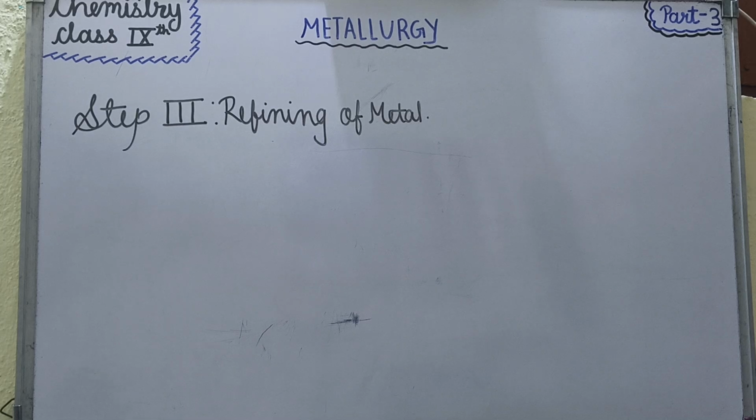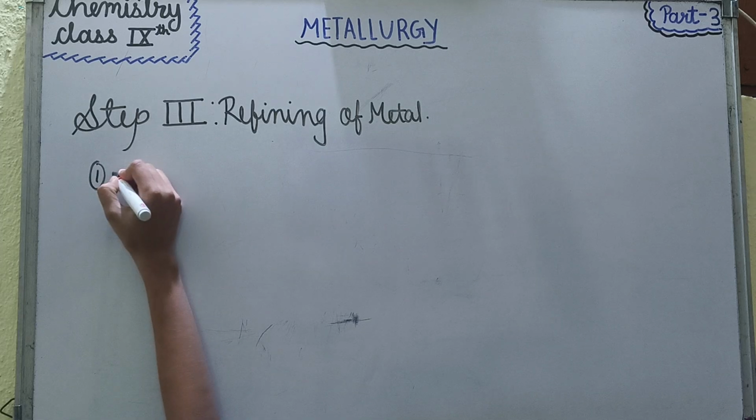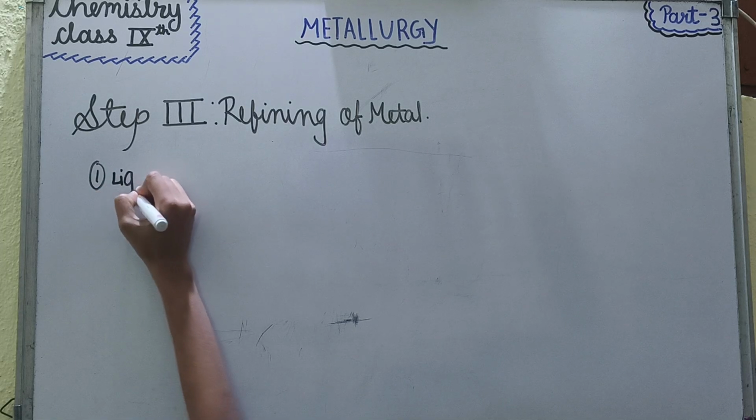Refining of metal. The process of removing impurities from the crude metal is called refining. Depending upon the nature of the metal and on the impurities present in it, following processes are used for refining. First one is liquefaction.